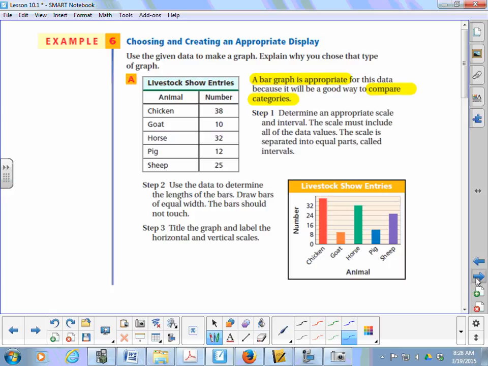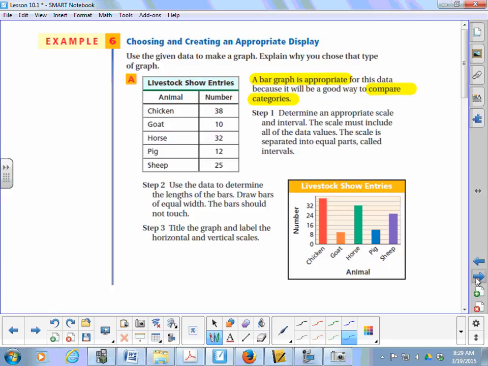Okay? All right, so here they give us a livestock show entries. All right, how many of you show animals at the fair? Anybody? Nobody in here? Okay. All right. So they show the different livestock. You got chicken, goat, horse, pig, and sheep, and how many different entries there are. Okay. And the question is, all right, what kind of graph should I use? And we're going to use a bar graph whenever we are going to compare categories.